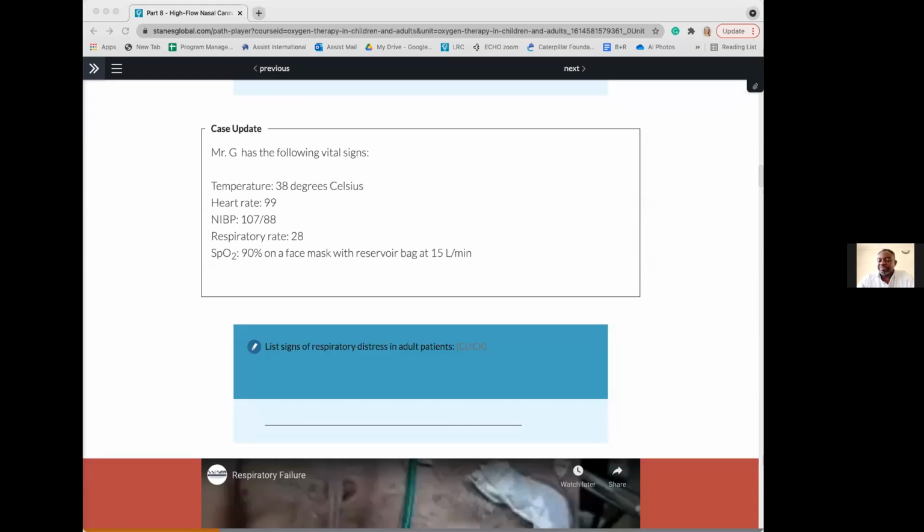Such patients are in what we call respiratory distress. And to come up with the diagnosis, you need to realize that your patient has an increased respiratory rate.